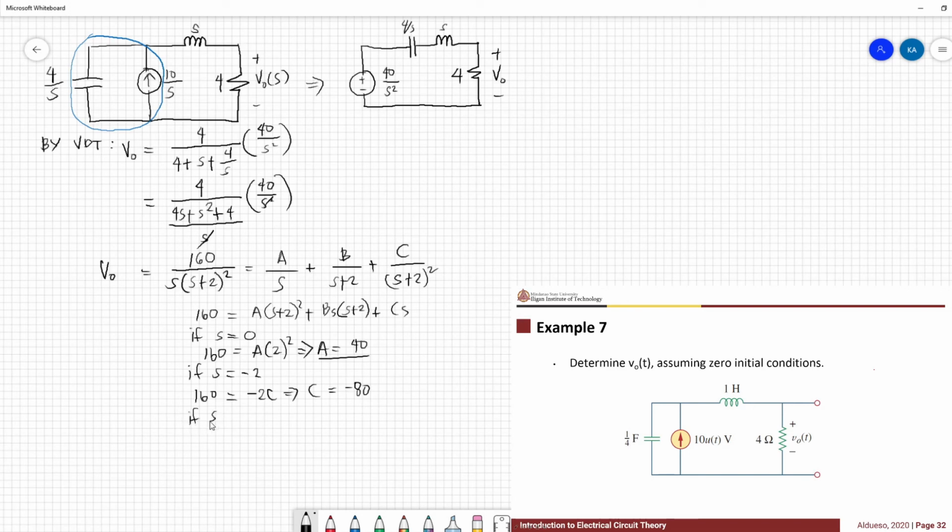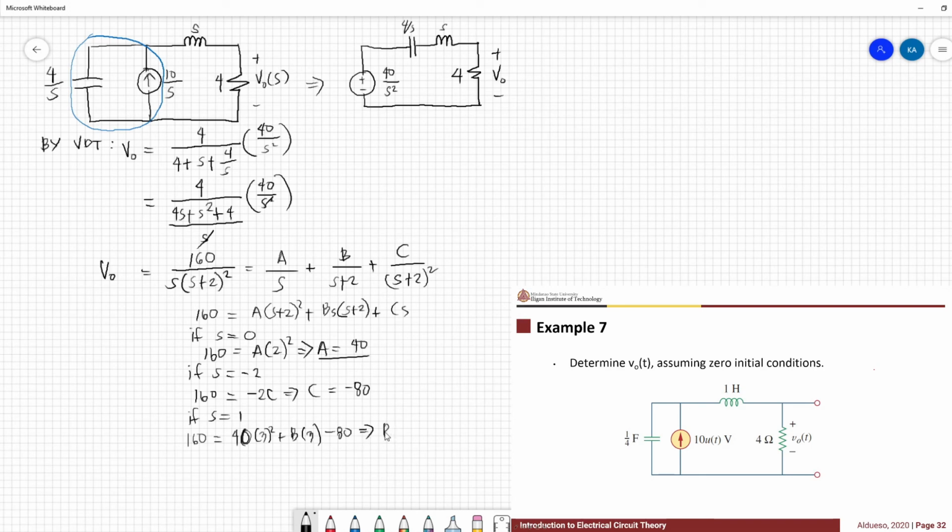And if s equals 1, plugging in the values of A and C, I'll solve for the value of B: 160 equals 40 times 3 squared plus B times 3 minus 80.